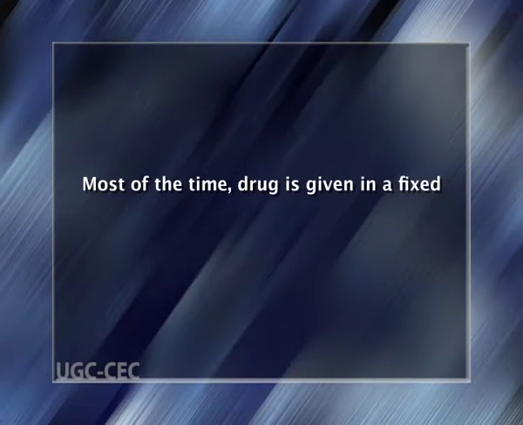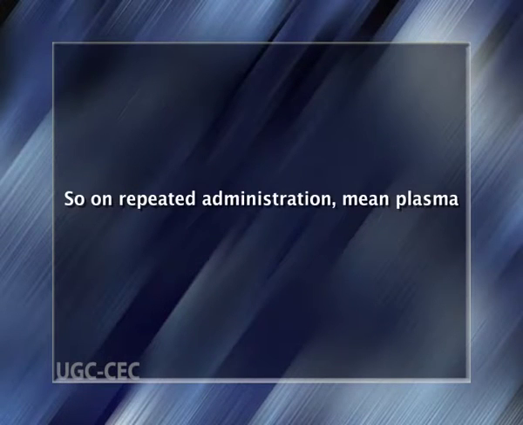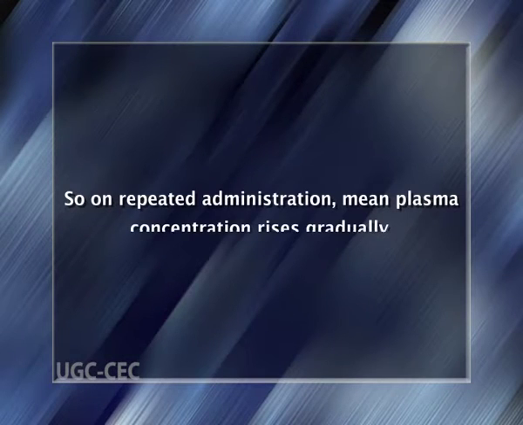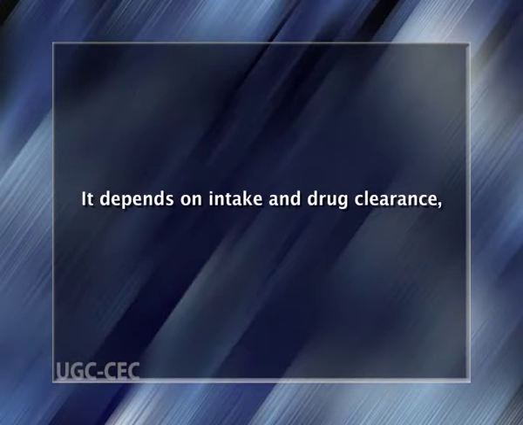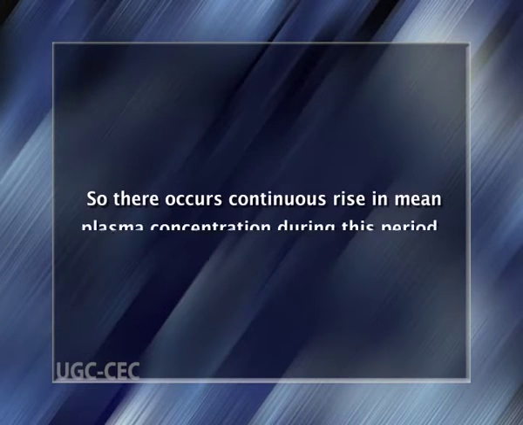Most of the time, a drug is given in a fixed dose at fixed intervals or given by infusion at a fixed rate. So, on repeated administration, mean plasma concentration rises gradually. It depends on intake and drug clearance. Initially, intake is higher than elimination, so there occurs a continuous rise in mean plasma concentration during this period.